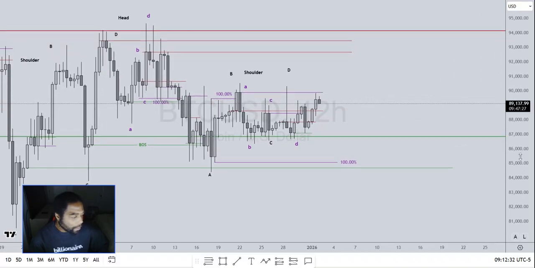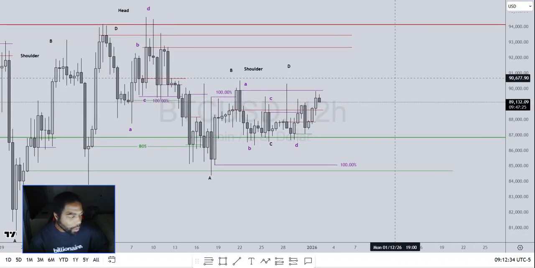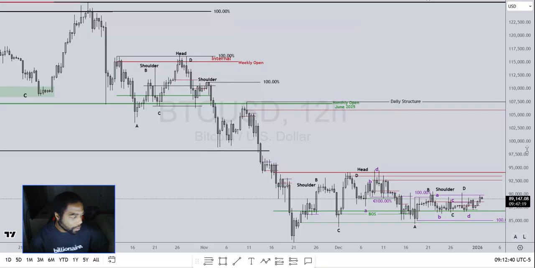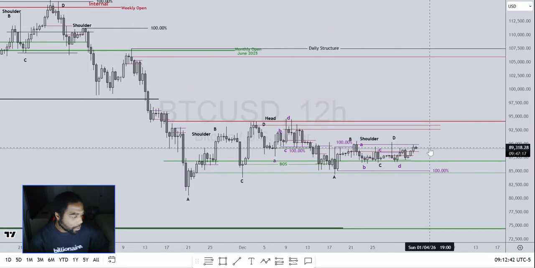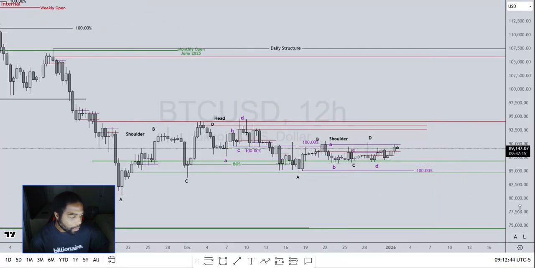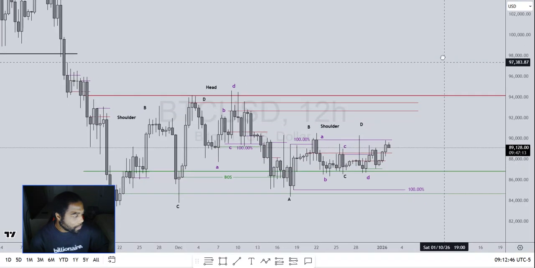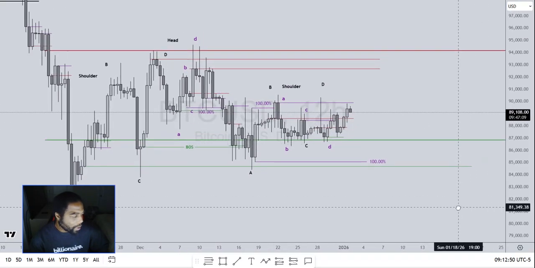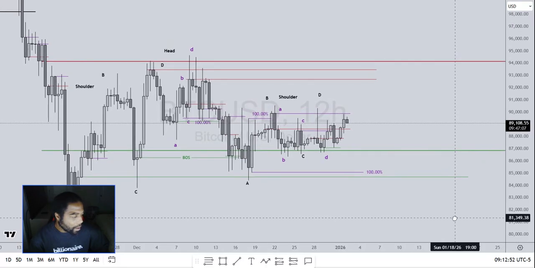So here on the 12-hour, remember, we go to current price action. We're zooming into that daily time frame price action, right?